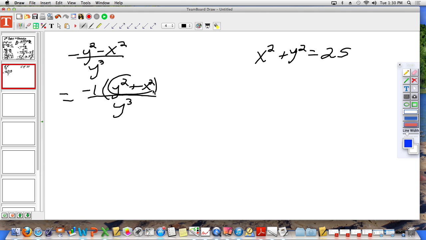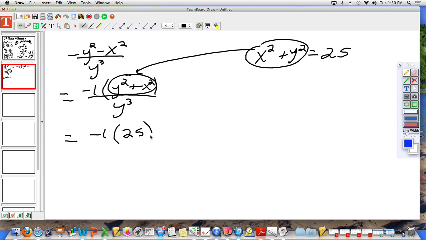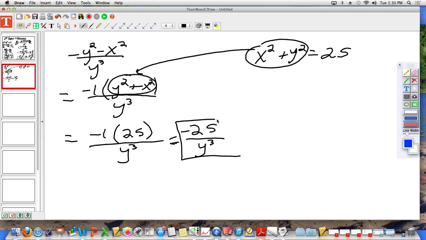Well, y squared plus x squared is what? 25. So this is actually equal to negative 1 times 25 divided by y cubed. Negative 1 times 25 is negative 25 over y cubed. This is your second derivative.